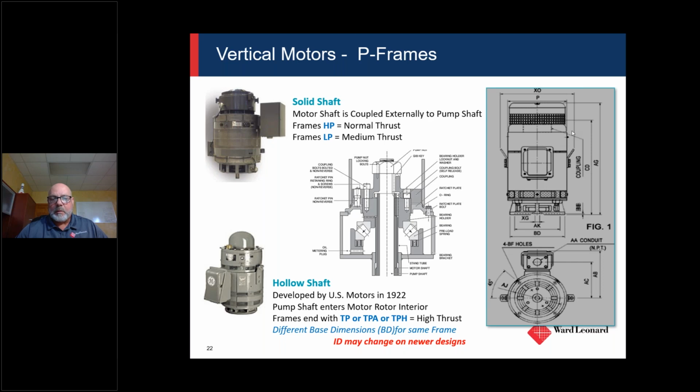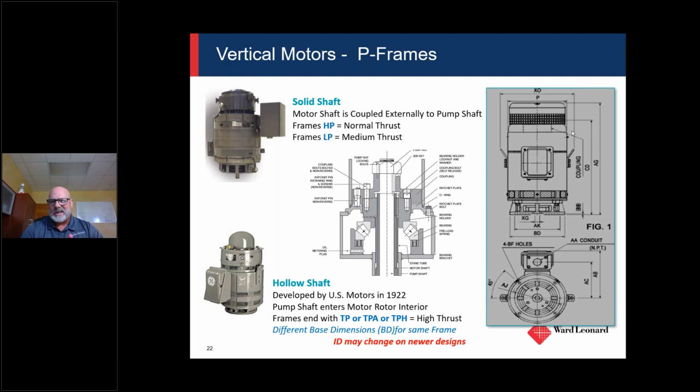And then we'll talk about vertical motors, and I think most plants have vertical motors in them. The most common application for that is a pump, a water pump. It could be a circulating pump, it could be a booster pump, whatever the case is, but that is the typical application for vertical motors.